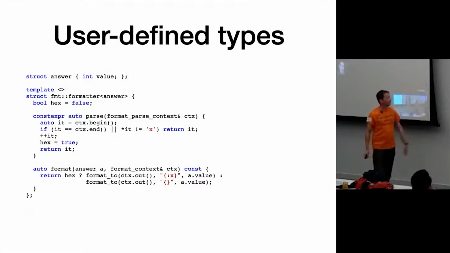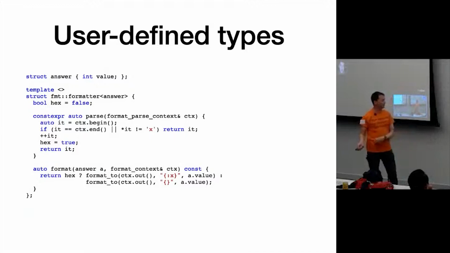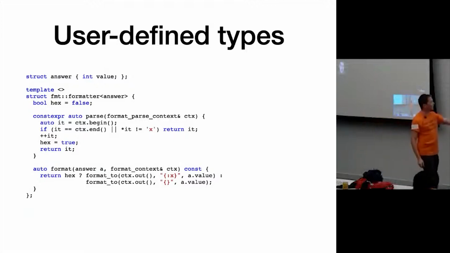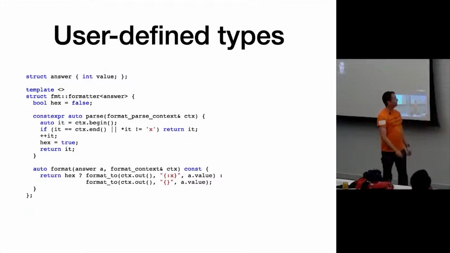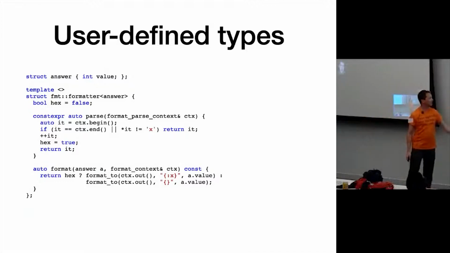For example, here we have a struct called answer with an integer inside. We want to format it either as hexadecimal or default decimal. So we parse an x specifier here, and at formatting time we check the format specifier and call the appropriate formatting.